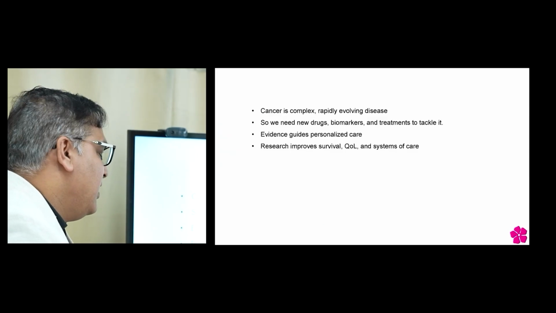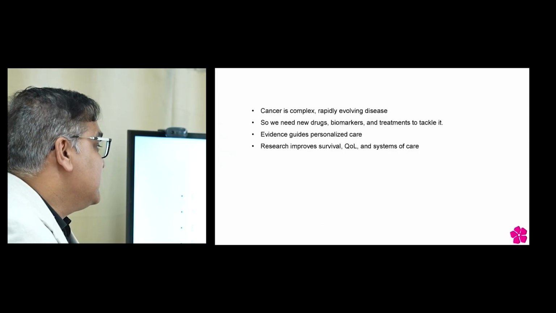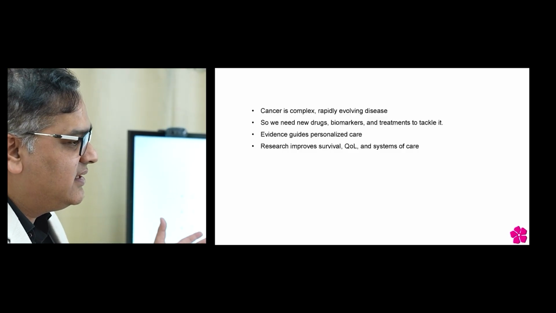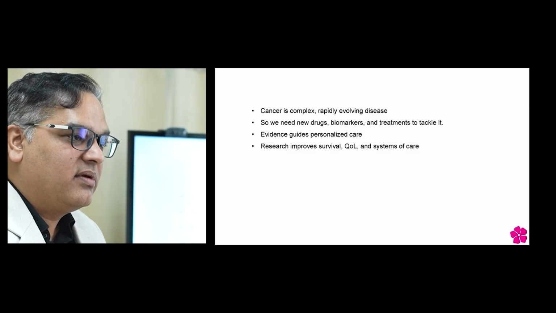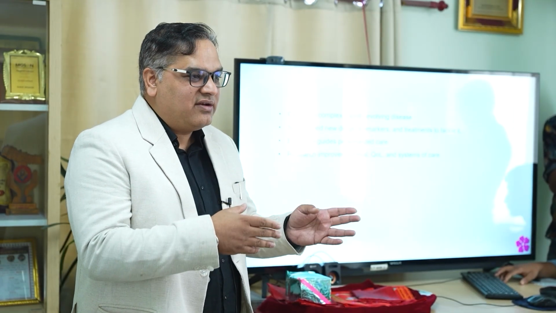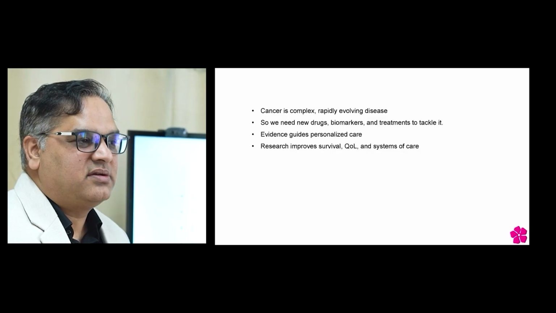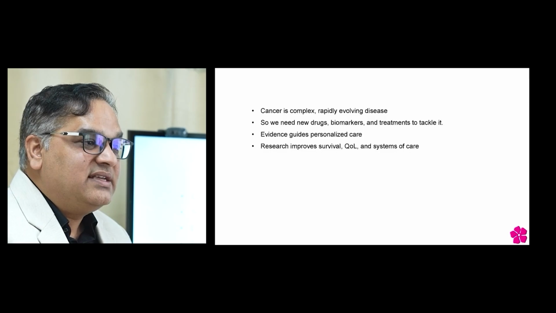Next. And also, cancer is a complex, rapidly evolving disease. If you compare with other diseases like hypertension, you diagnose it and you know the etiology. So much of the research in hypertension is now going on in the treatment part. There is not much research on how it is caused.